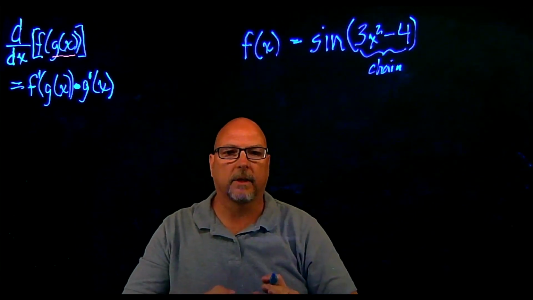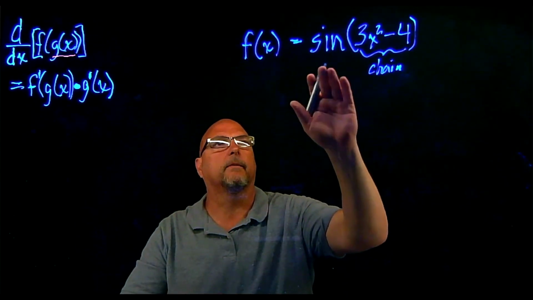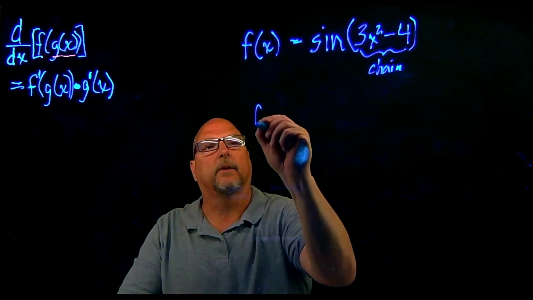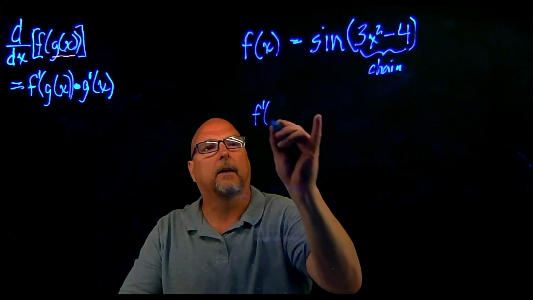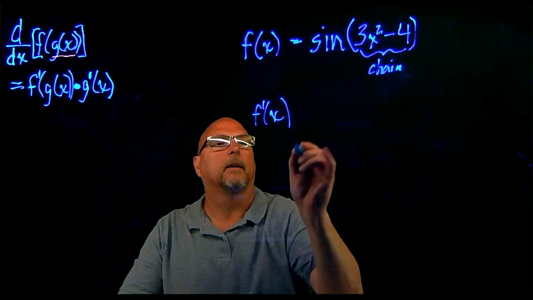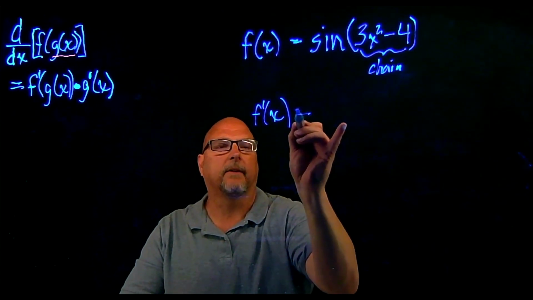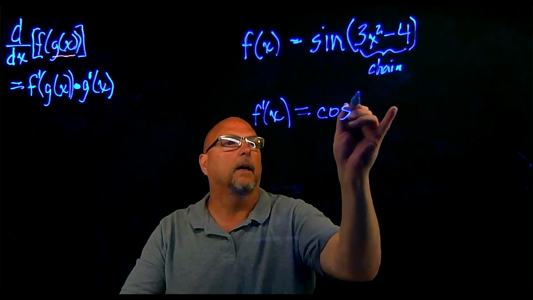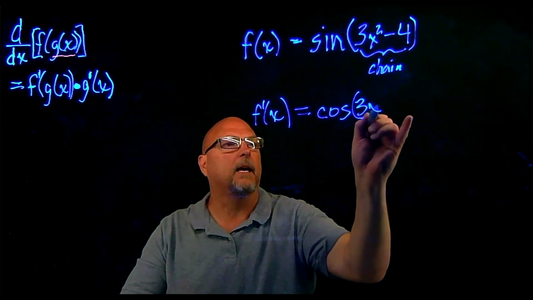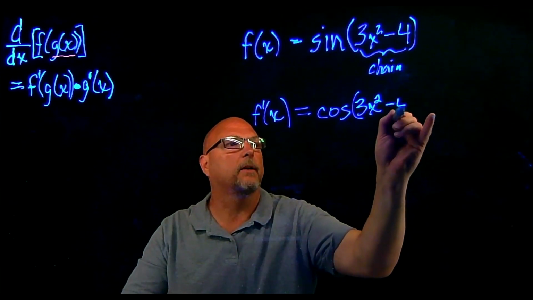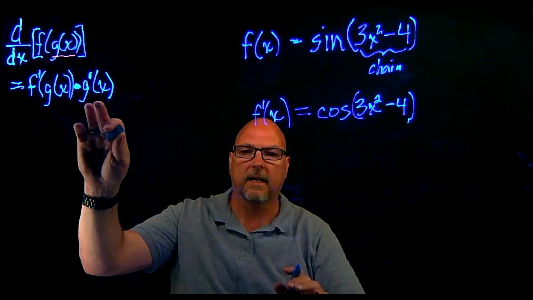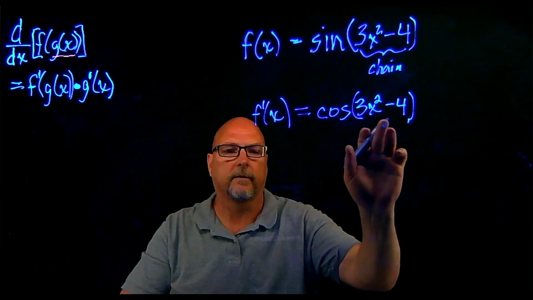So the first thing I'm going to do is take the derivative of the sine of x. Just pretend that's x. So the derivative of sine of x would be cosine of x. So cosine of x, and my x is this 3x squared minus 4. But I'm not done yet, because at the end I have to take the derivative of the chain.